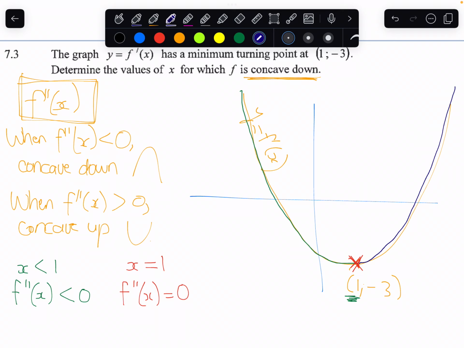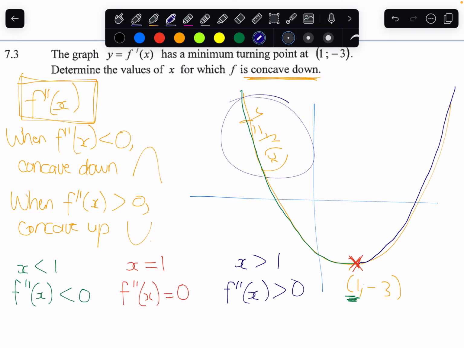And then when x is greater than 1, the gradient becomes positive. Okay, and so this is us talking about the graph of f prime x, which is why f double prime x in this context is talking about gradient, right?